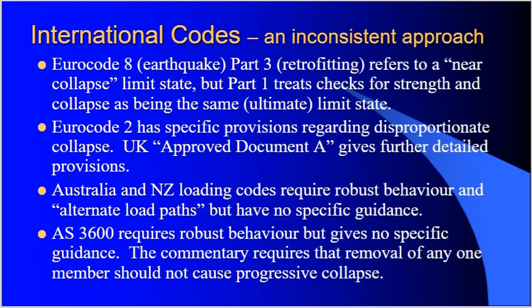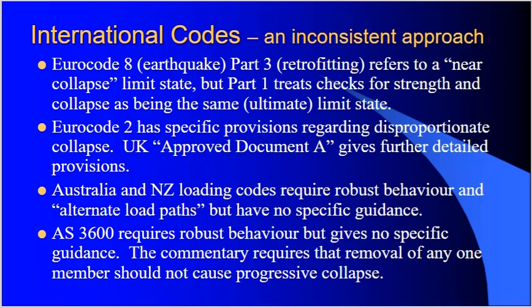So if we look at some specific examples, in the Eurocode number 8, which deals with earthquake loading, looking at retrofitting for existing structures, it refers to a near collapse limit state. But Part 1 treats checks for strength and collapse as being the same ultimate limit state.